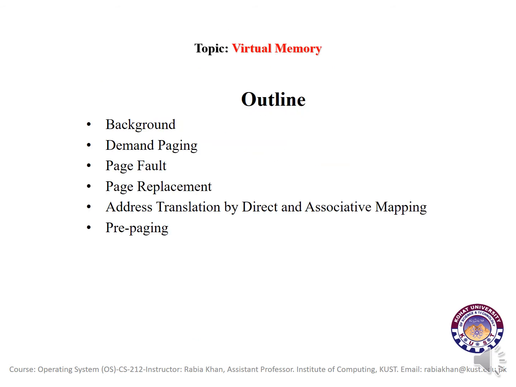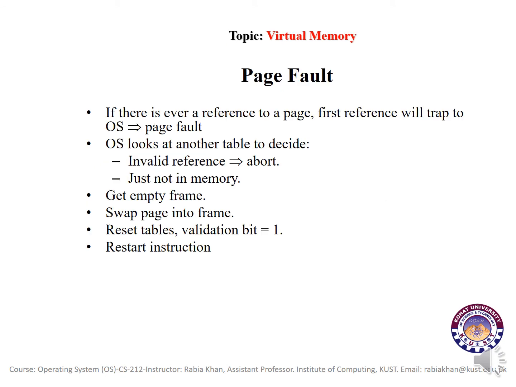The next topic of discussion is page fault. So let's see what a page fault is. If a reference to a page is traced to 0 in the page table, a page fault occurs, which means the required page is not present in memory.